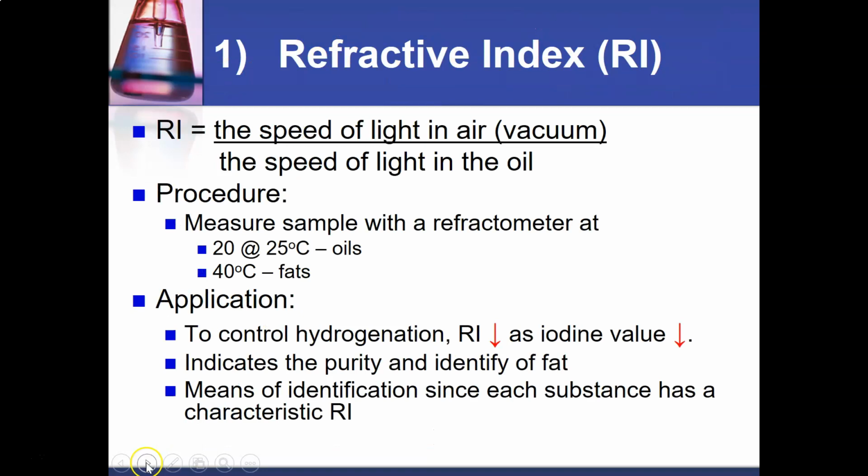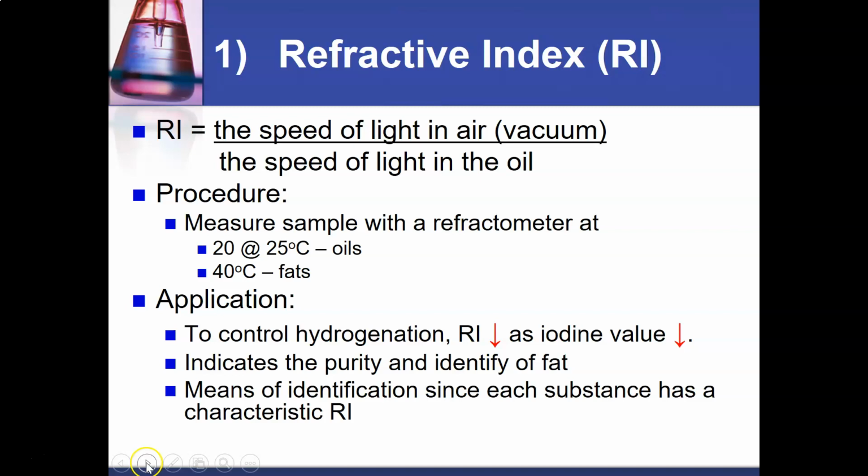First, we're going to discuss refractive index. So, refractive index is defined as the speed of light in air or vacuum divided by the speed of light in the oil.